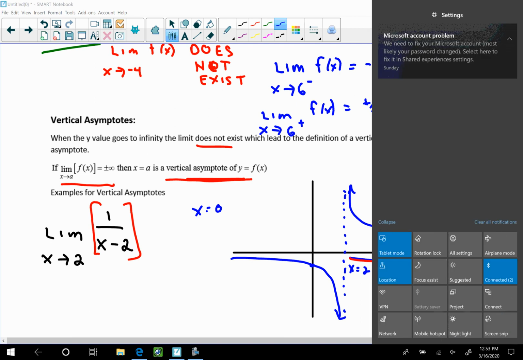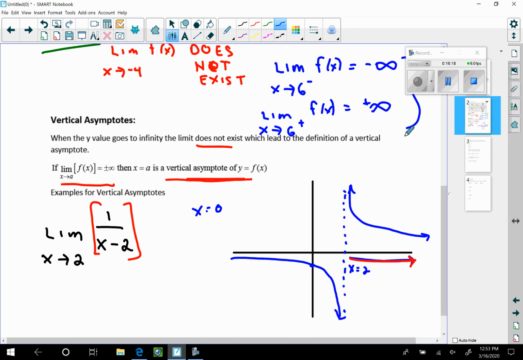And that leads us, again, to the definition of a vertical asymptote. Sorry about the little interference here. So therefore, this limit, and we could be specific about this, the limit as x goes to 2 from the left of 1 over x minus 2 goes to negative infinity.